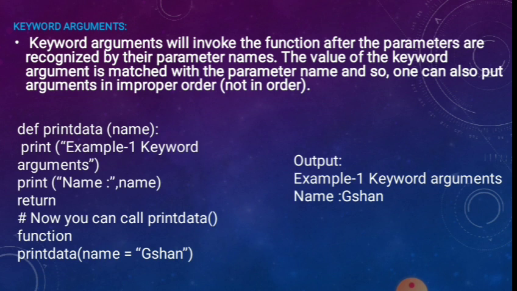Now you see the output: example 1 keyword argument, which is already given inside the definition. Next, the name is Shan, which is passed to the function definition, where outside of the function you just assign the value with the keyword. The keyword is matched inside the definition, then it prints the value. This is called a keyword argument.